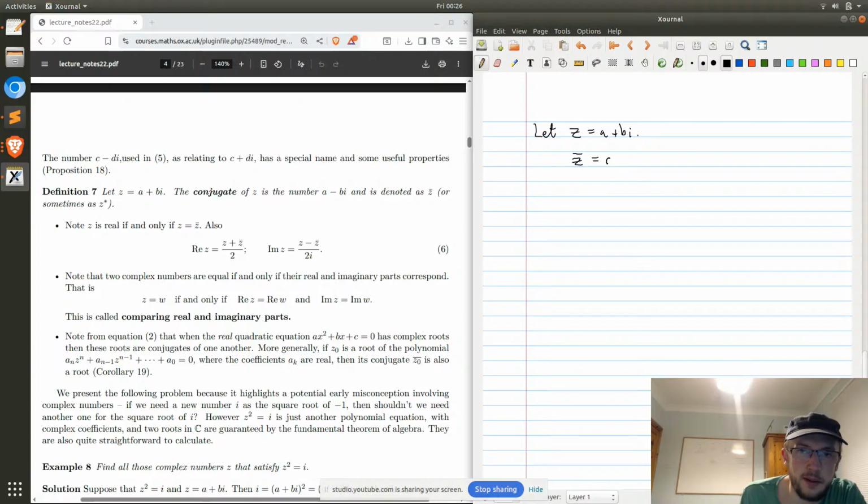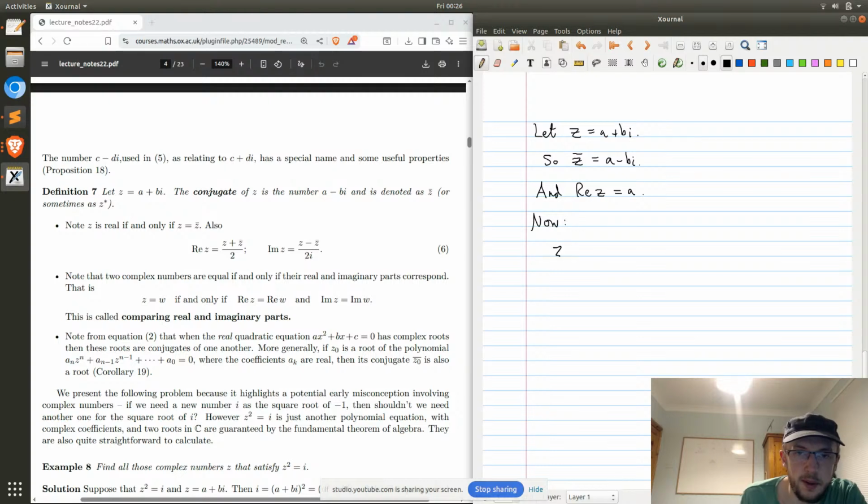Z bar is equal to a minus bi. And the real part of z is equal to just simply a.